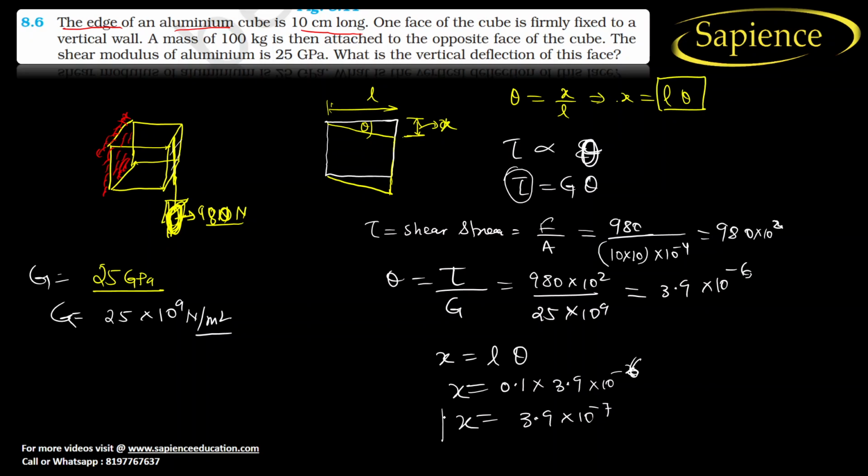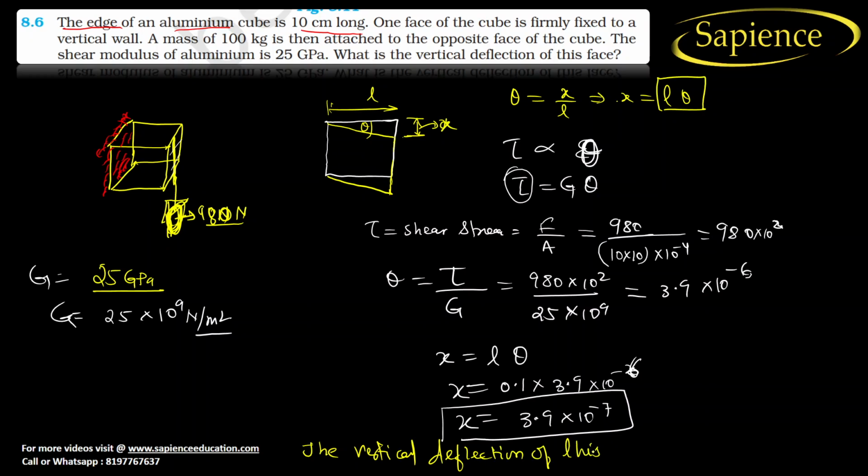So this is x. Hence the vertical deflection of this face is equal to 3.9 into 10 to the power minus 7.